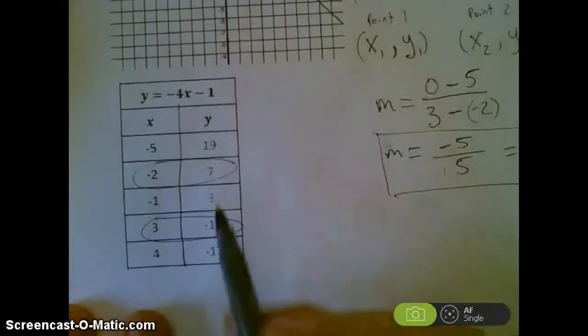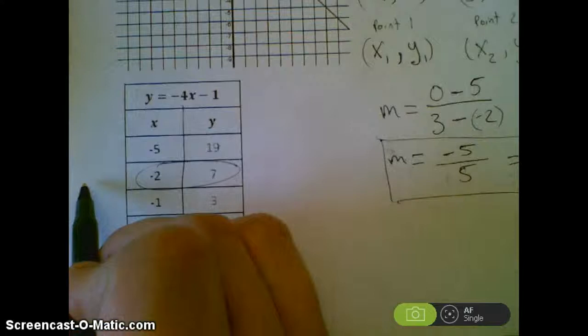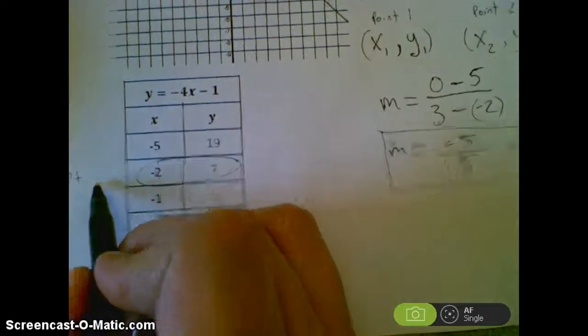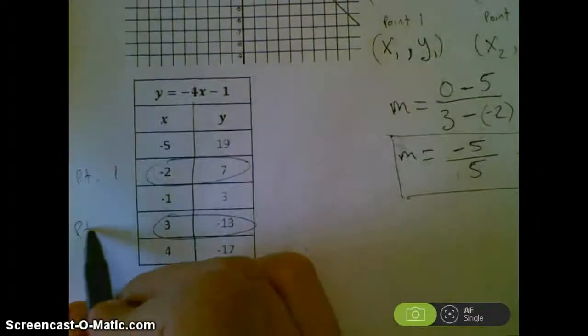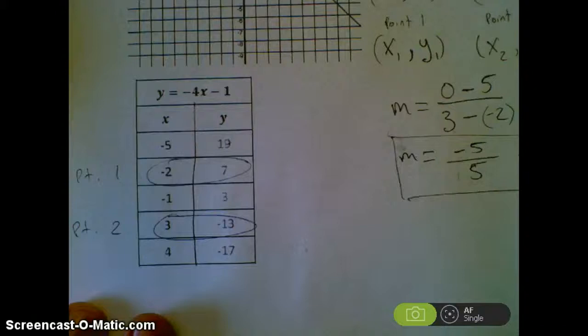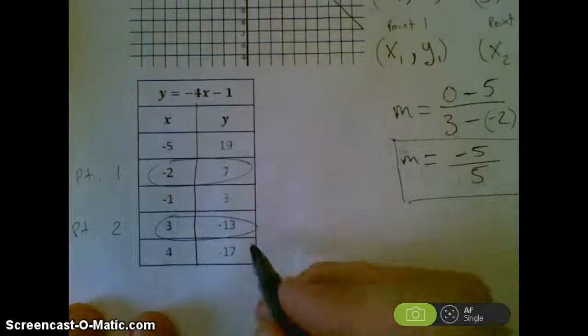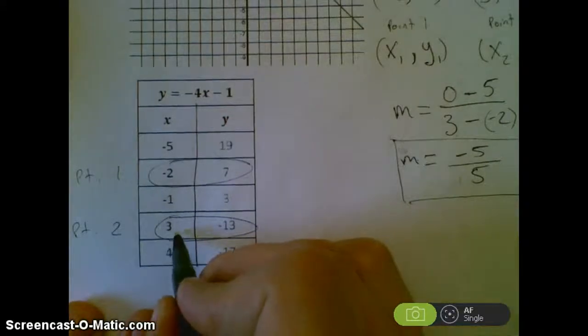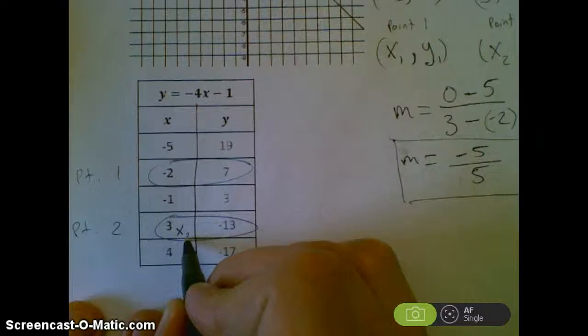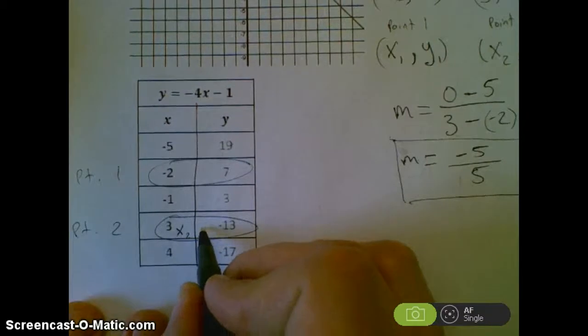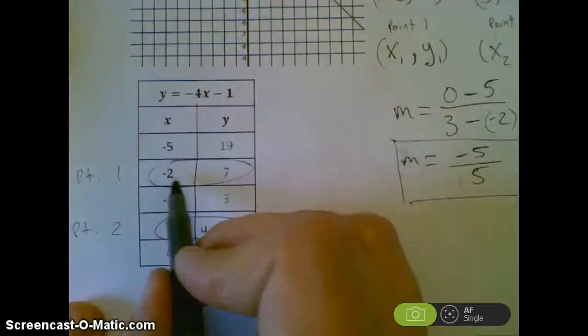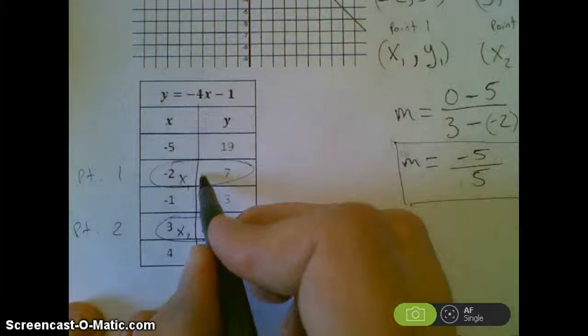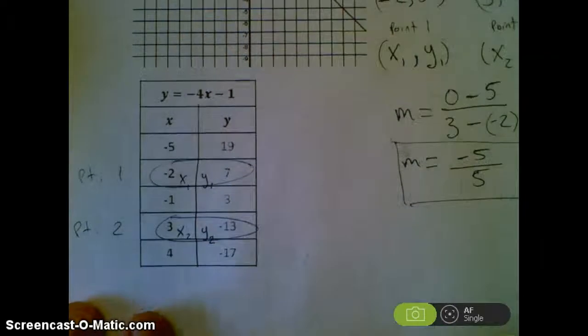So why don't we make this point 1 and point 2. You can use any 2 points on the line. So that would make this x sub 2, and this one y sub 2, and this would be x sub 1 and y sub 1.